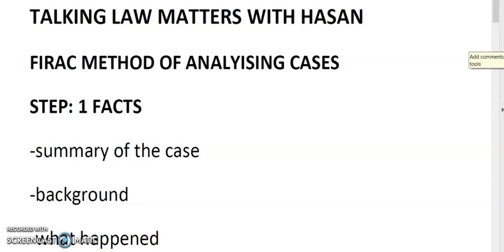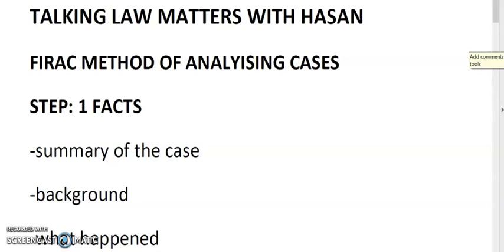The first step, number 1, is the facts. What is the summary of the case? Give us the background. What happened? What is the story behind it? Who did what to whom? How? Where? When? You understand? Suppose there was an accident.